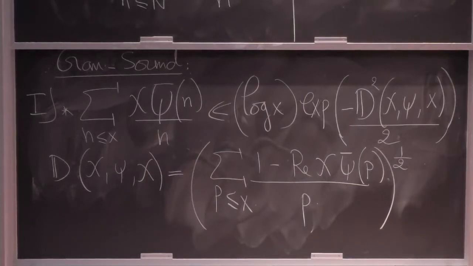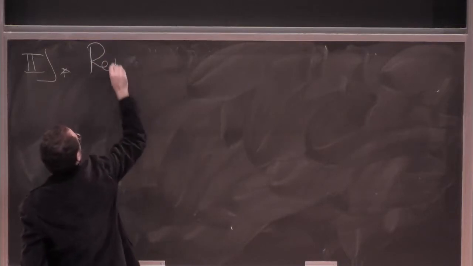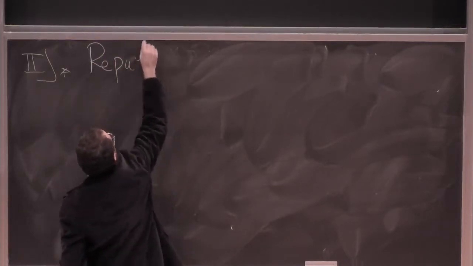Okay, so now that you brought everything in terms of the distance, you can simply try to understand this distance, and then hopefully you will win. The second step tells you that you actually do not need to consider all psi mod n, but only one psi matters. Let's call this repulsion.